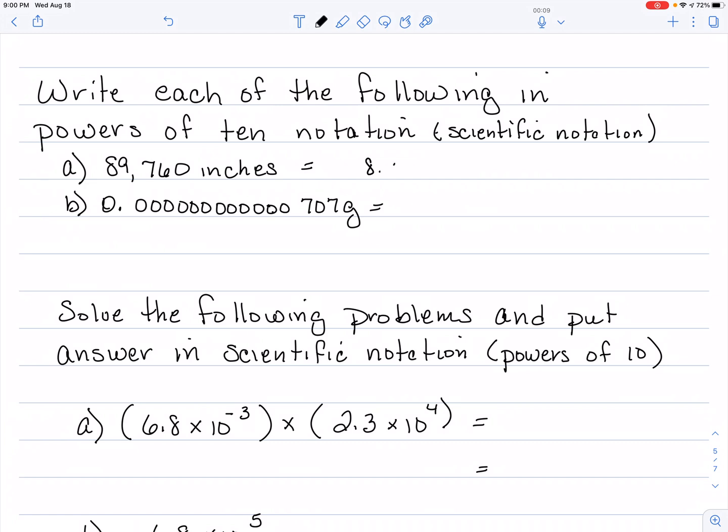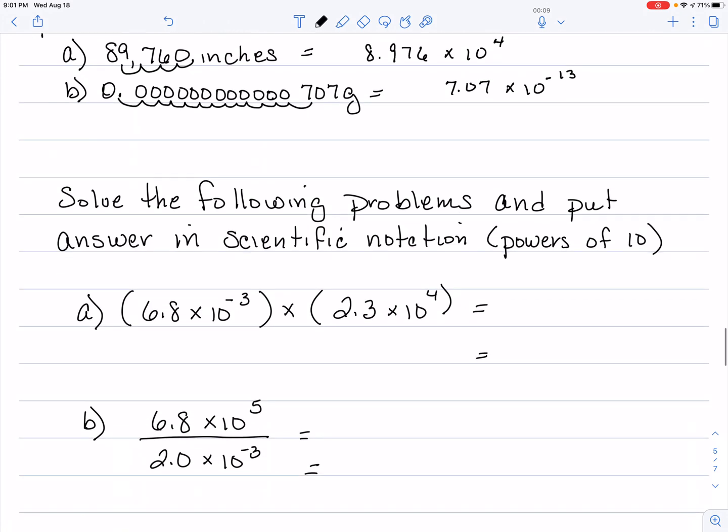So we would do 8.976 times 10, and we're moving that 1, 2, 3, 4, times 10 to the 4th. And the second one, we would have 7.07 times 10, and we're going to move that one 1, 2, 3, 4, 5, 6, 7, 8, 9, 10, 11, 12, 13, small number, to the negative 13.